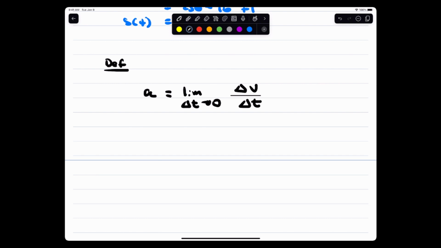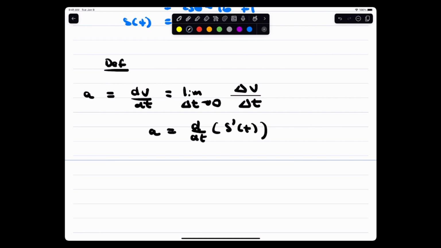So what am I really getting at? Acceleration is the derivative. This is defined to be, sorry, dv dt, which is acceleration. Okay? Acceleration is the derivative of the what?